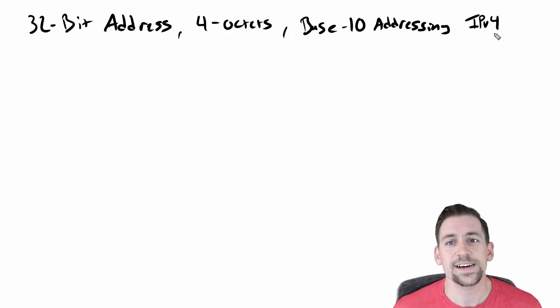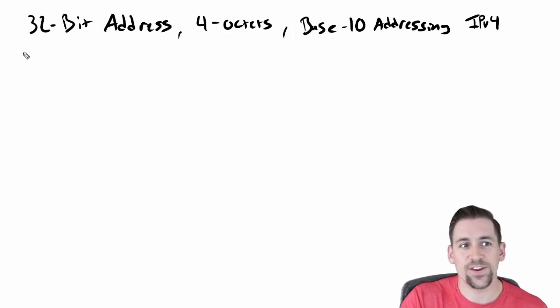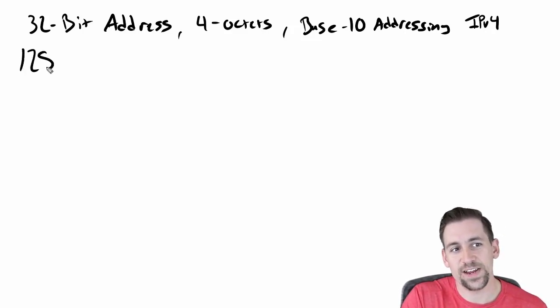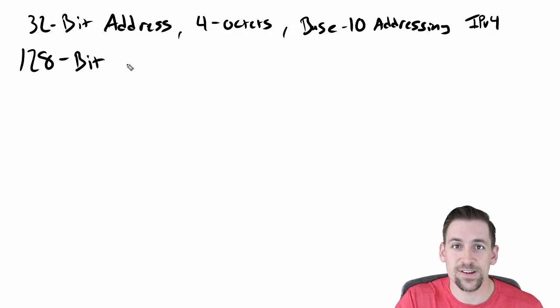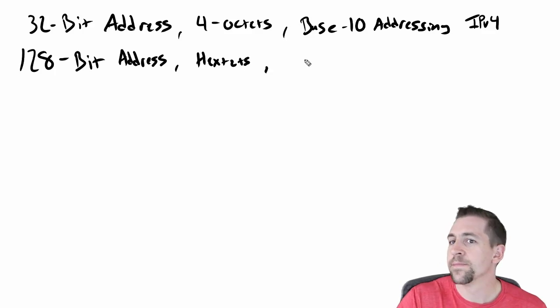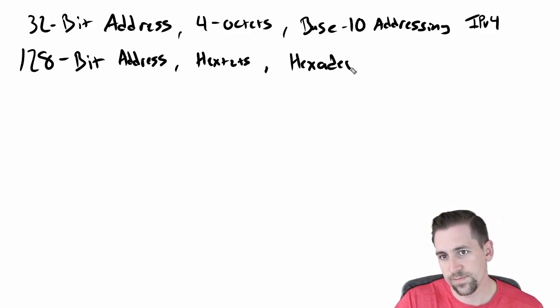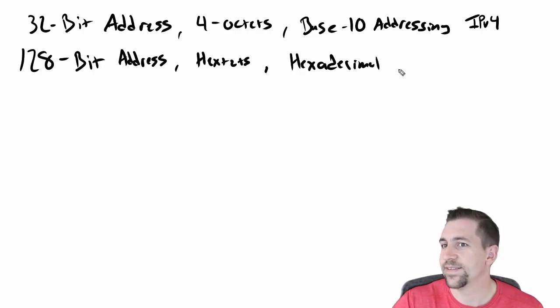There is a new IP addressing standard, which is not new now. It's been out for 10 years, but is still not particularly mass adopted in the residential space. It is a 128-bit address using hextets, and it is hexadecimal addressing, and this is IPv6.